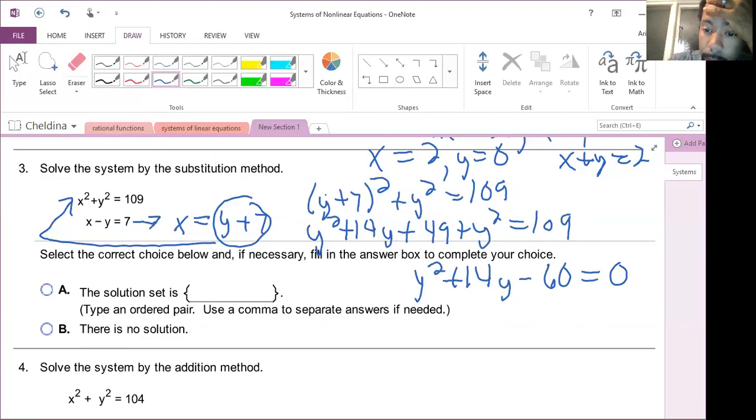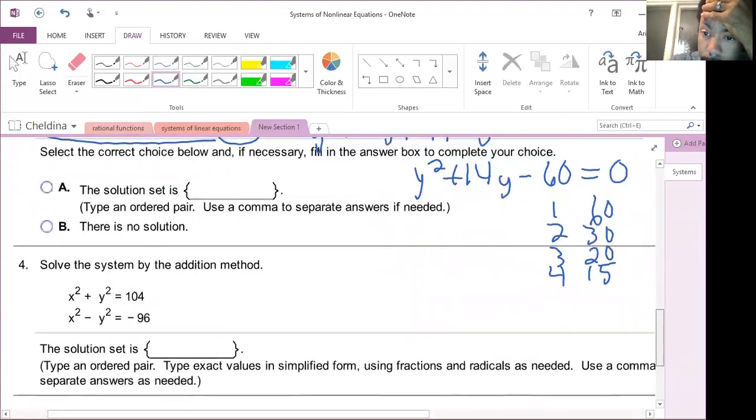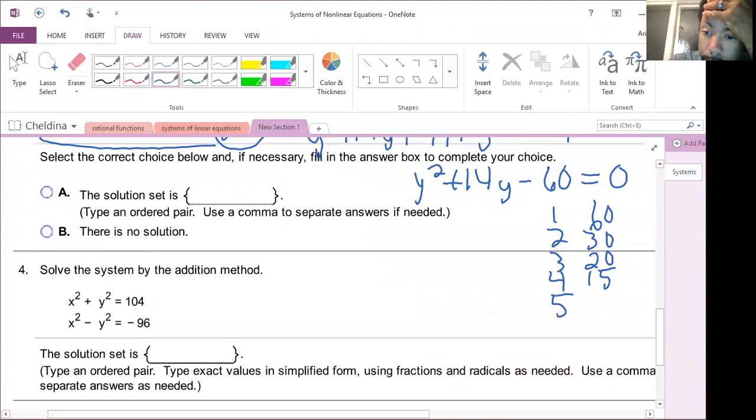That's the factoring we're going to do there. 1 and 60 is no. 2 and 30 is no. 3 and 20 is no. 4 and 15, no. 5 and 12, no. 6 and 10, no.